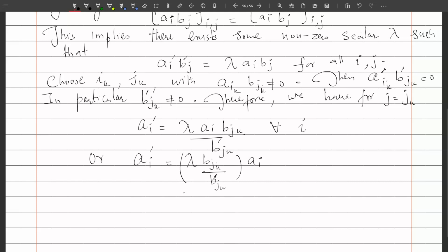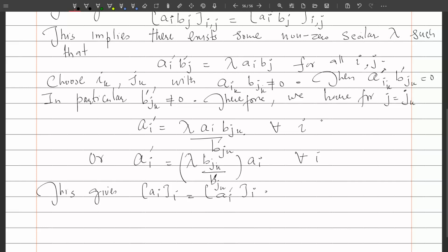So this is some scalar here. So ai prime is some scalar times ai. So this is true for all i. So this gives this vector ai sub i is same as the vector ai prime sub i.